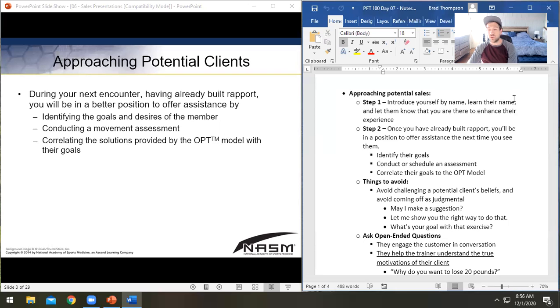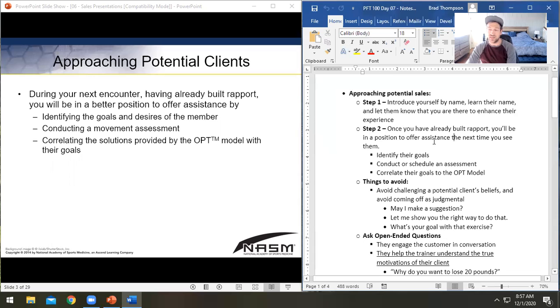So once you've established a little bit of rapport with this potential client, maybe the next time that you interact with them, and possibly if they're super into it, possibly during the first interaction, but generally during the second interaction, once you've built a little bit of rapport, you're going to be in a better position to offer some assistance.